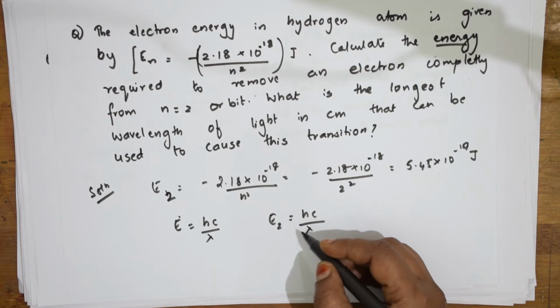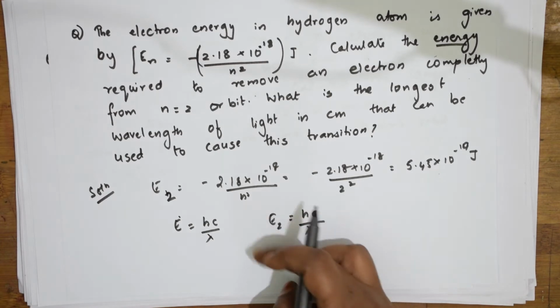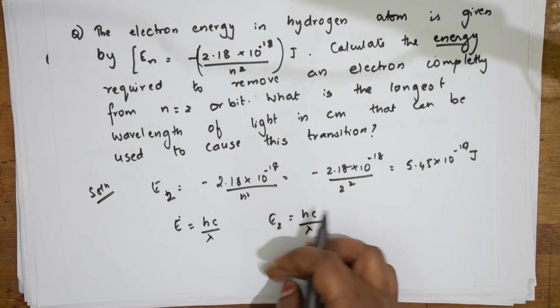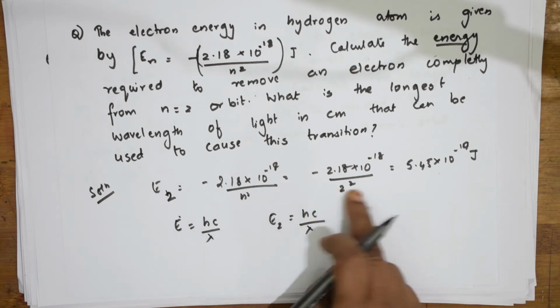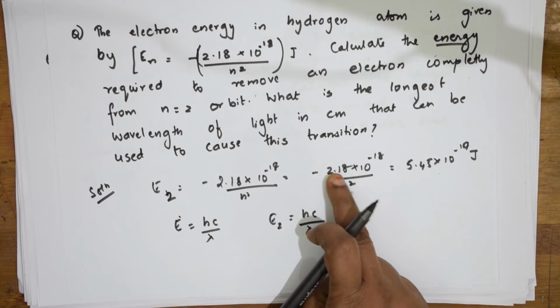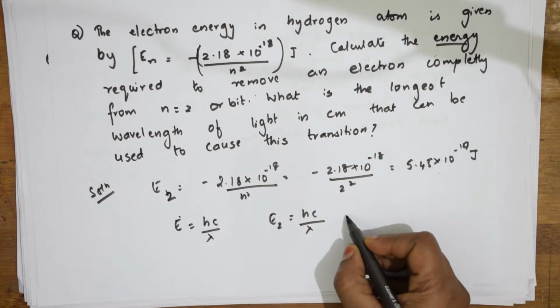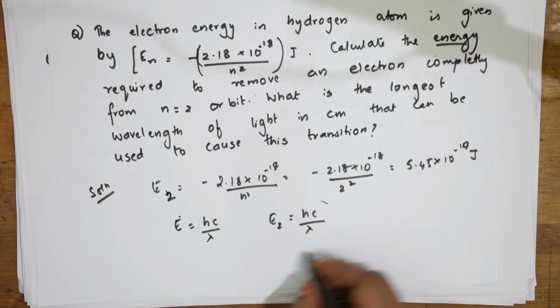I need to find lambda here, isn't it? So now what actually is this energy value? This is nothing but this value, 2.18 by 2 square. So this energy value is only so much, isn't it? From this formula I need to find lambda.